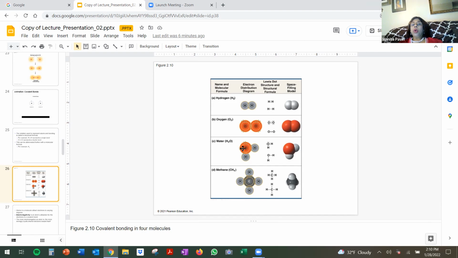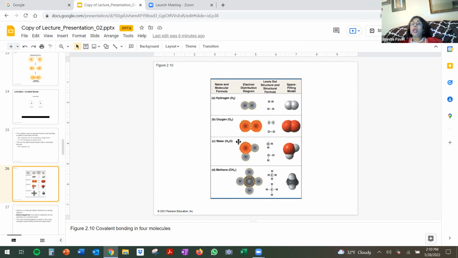Water, you have 2 hydrogen atoms combining with oxygen. Again, oxygen has atomic number 8, so you have 2, 6 valence. Where does it get its 2 more to satisfy the octet rule? All of them overlapping: this hydrogen giving 1, this hydrogen giving 1, thereby the water molecule being stable with 8, satisfying the octet rule.